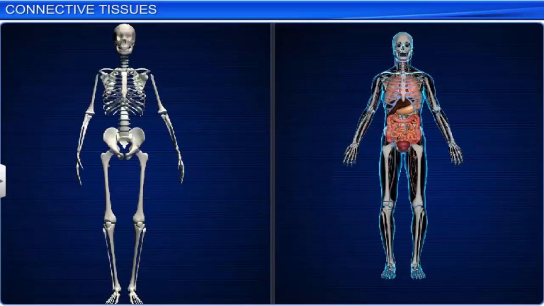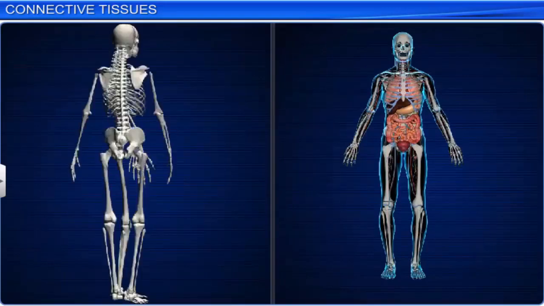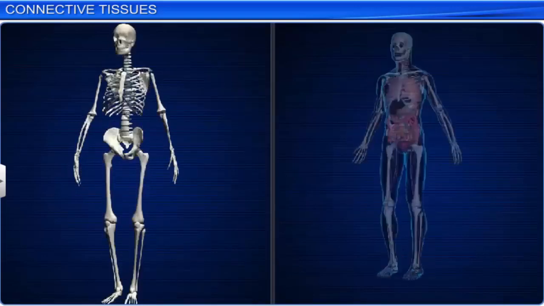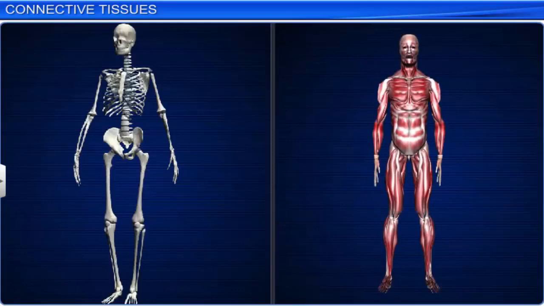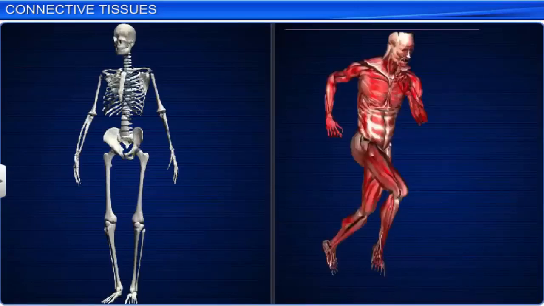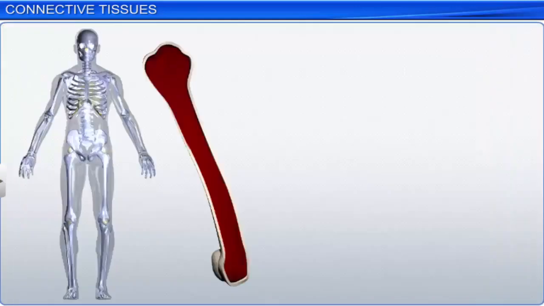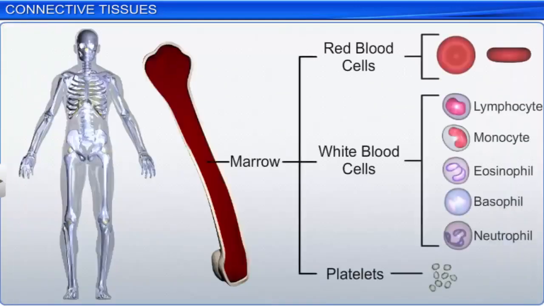Bones make up the skeletal system of a body and support and protect the softer tissues and organs. The skeletal muscles attached to the bones help in movement. Moreover, long bones have bone marrow that produces blood cells. The long bones of the legs help bear body weight.